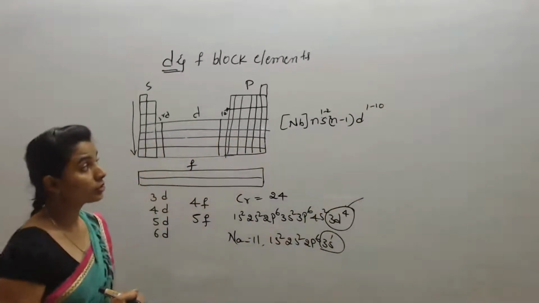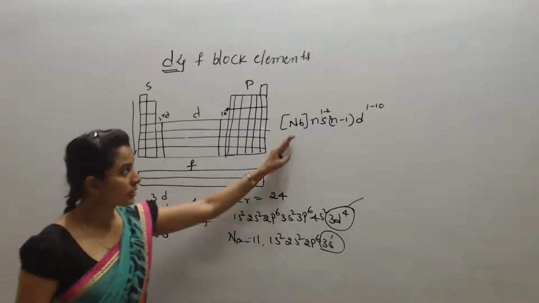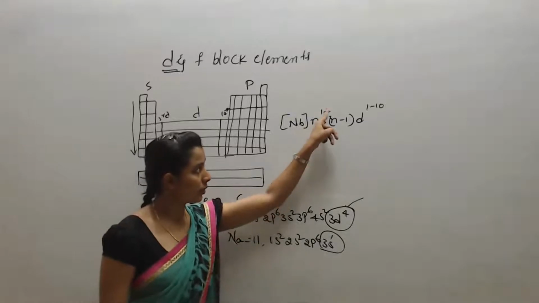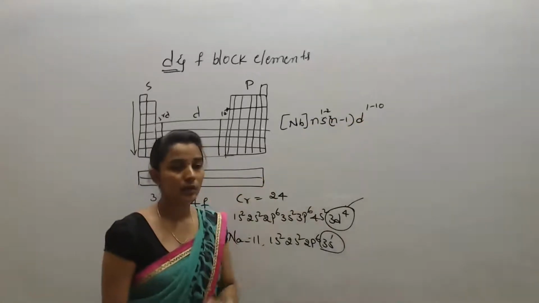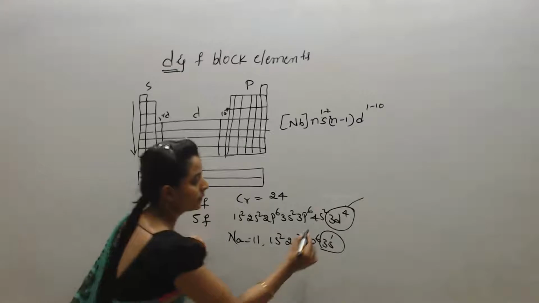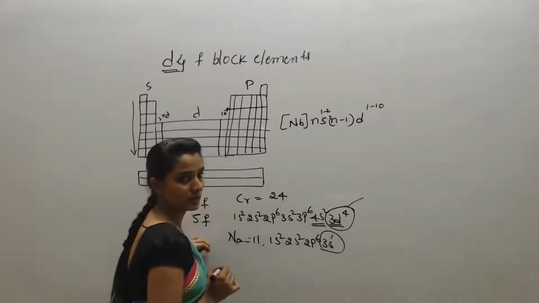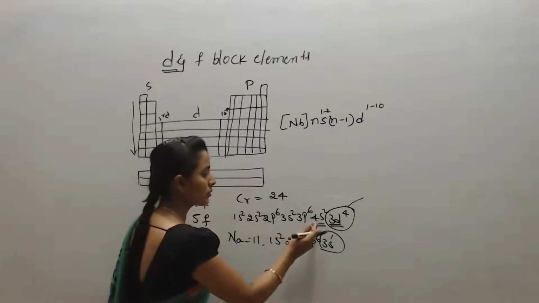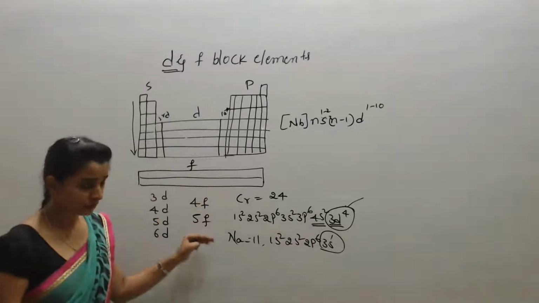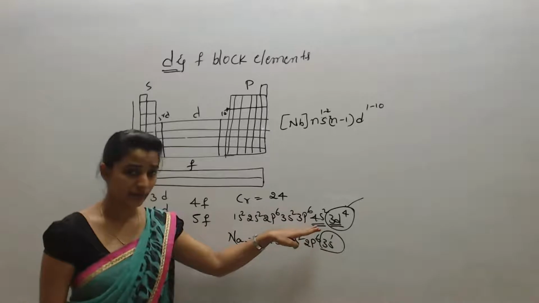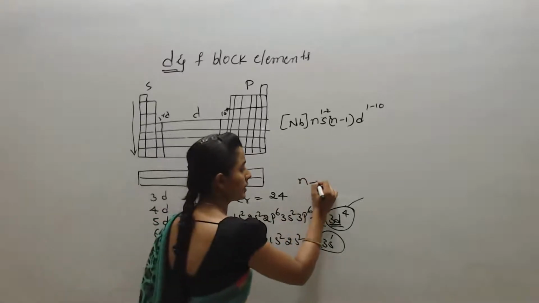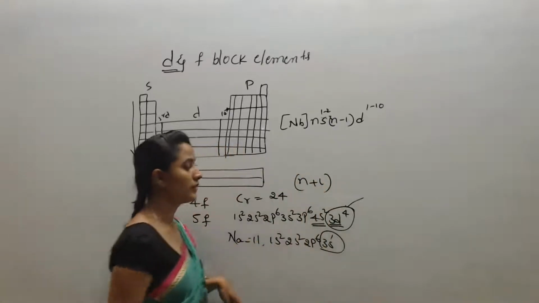Why did I write 1 to 2? I'll explain later, students. So, noble gas ns1 to 2, (n minus 1)d1 to 10. Listen: ns means this, n minus 1 means this. If d orbital is there, the s orbital must be there, and this fills first according to the n plus l rule. I know why 4s fills first.